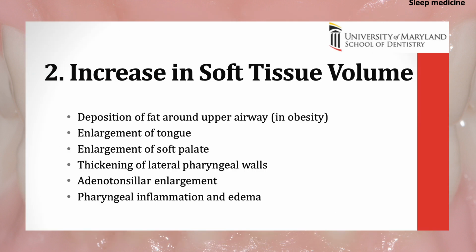When that happens, tongue can kind of kick back and reduce the airflow. And again, that's one of several risk factors when we're looking at the soft tissue volume. But again, all these go to both hard tissue and soft tissue risk factors, as well as systemic risk factors. They all go to reduced airflow in the upper airway.